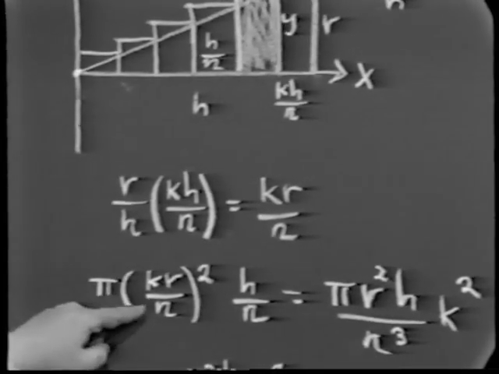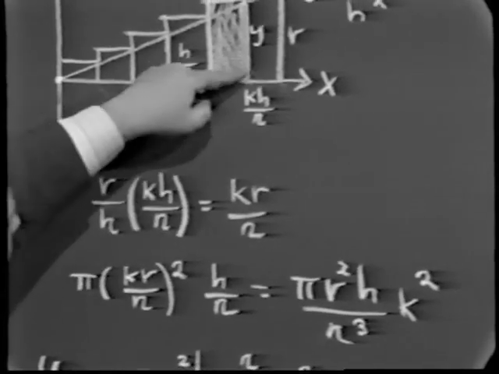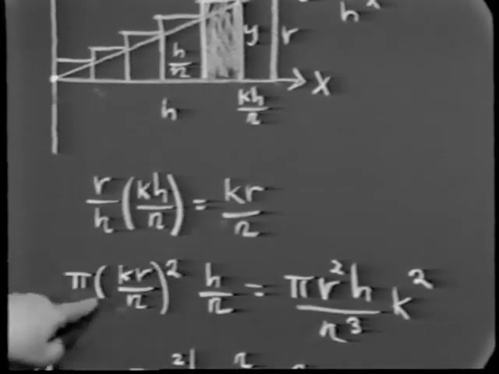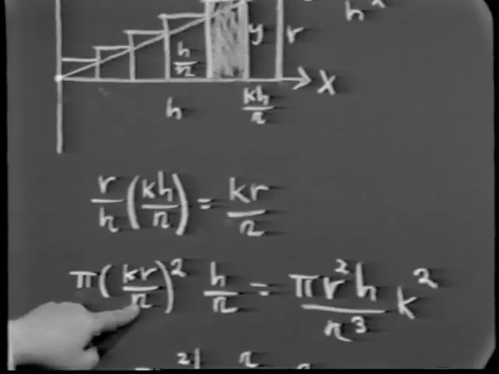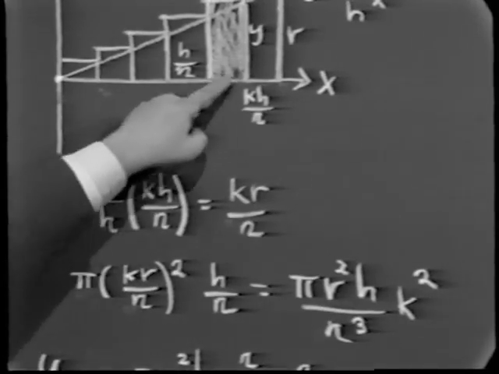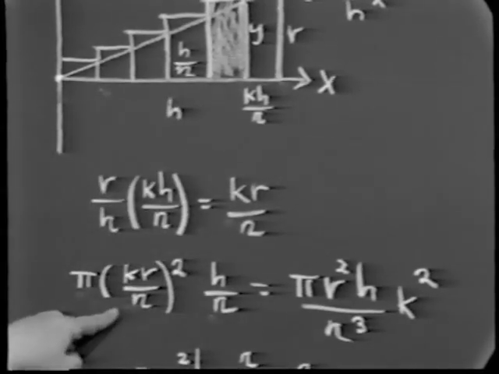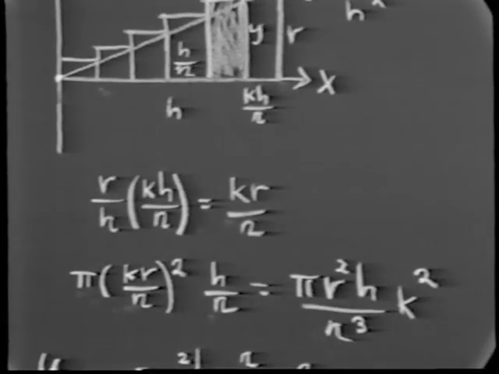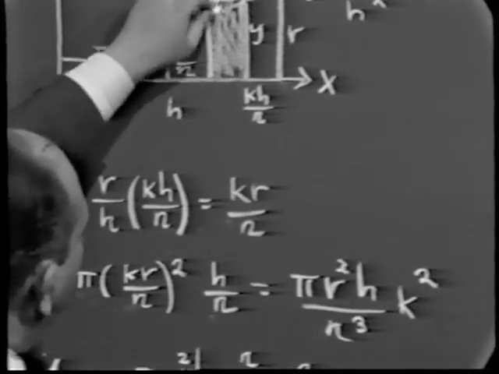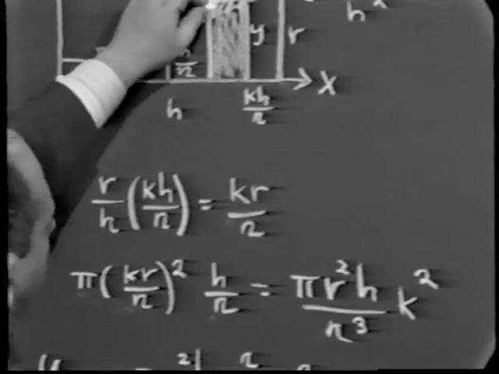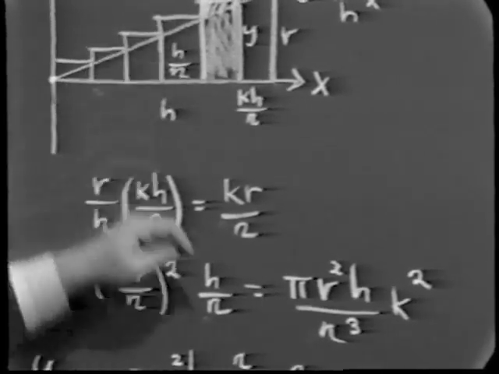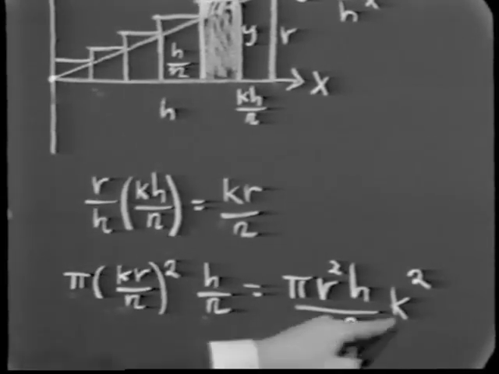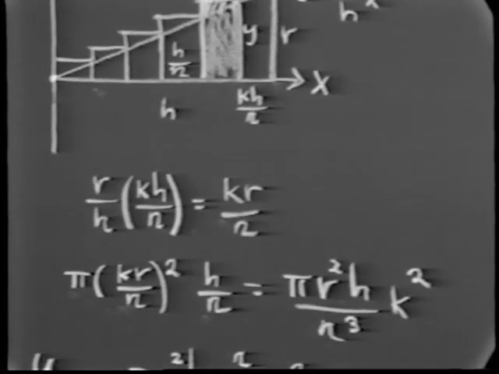Now, what is the volume of this cylinder? The area of the base is pi y squared, and I've now got to multiply that by the height, which is h over n. If I do that, I obtain that the volume of this particular cylinder is pi r squared h times k squared over n cubed.